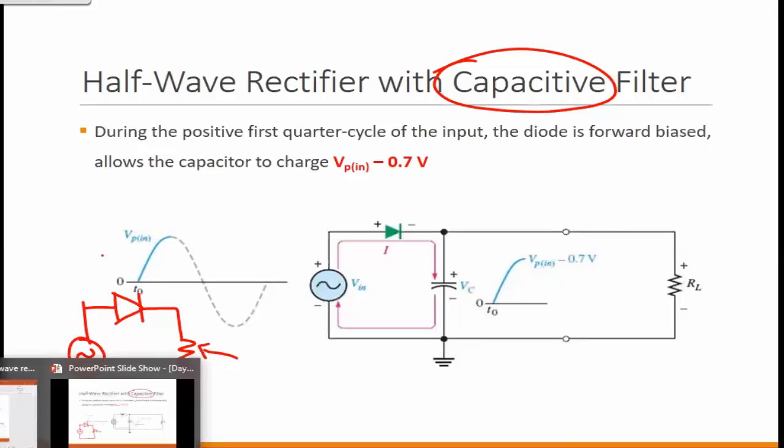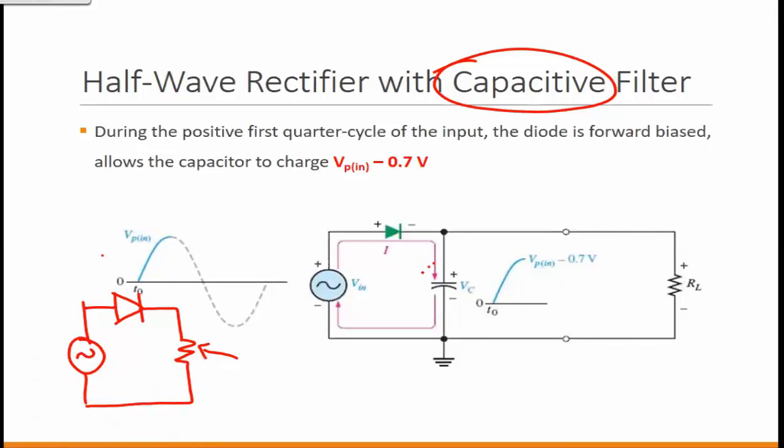But now, when you add a filter, you see that after the diode, a capacitor is placed, and then the resistor. But how are these two connected? How is the capacitor connected to the resistor? Is it connected in series or parallel?